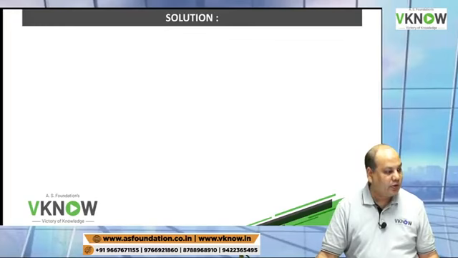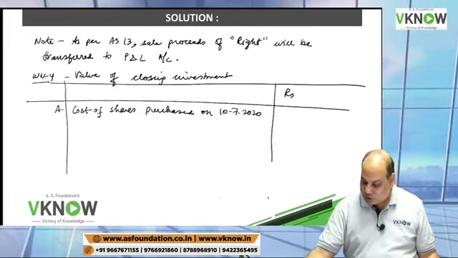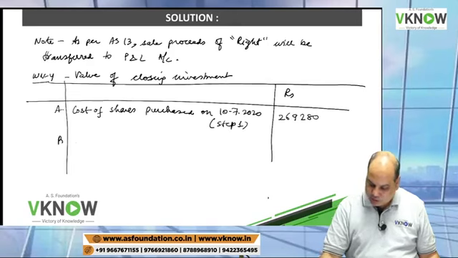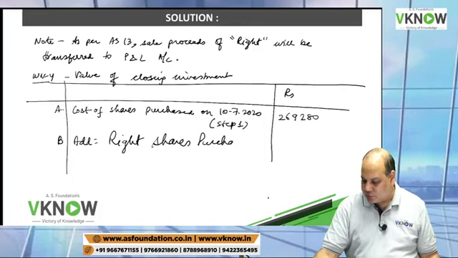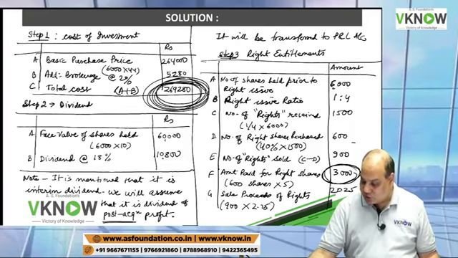This figure, 269,280, from step 1. And B, add right shares purchased. This is step 3. Right shares purchased on the screen, right side, 3000 rupees.